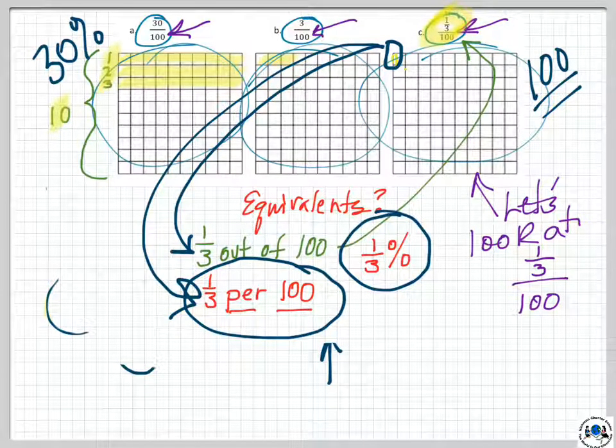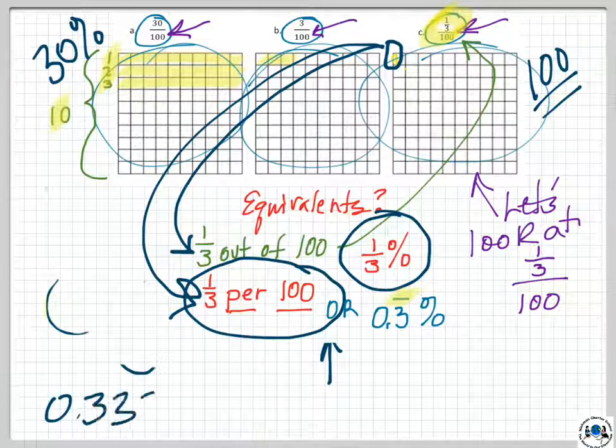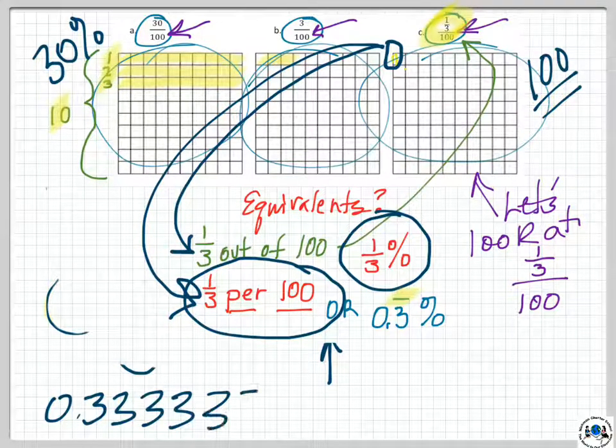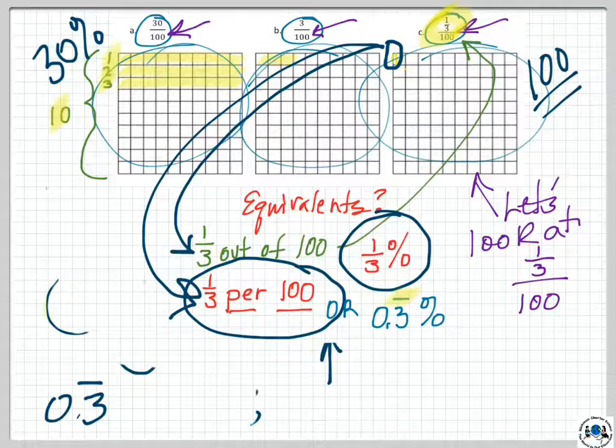It could also be written differently, like that, with a line over the top of the 3, because 1/3 as a decimal is a non-terminating decimal, but it does repeat, so we can just write it like that, because the 3 is the one that repeats.